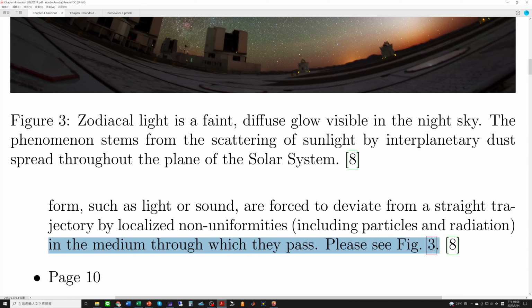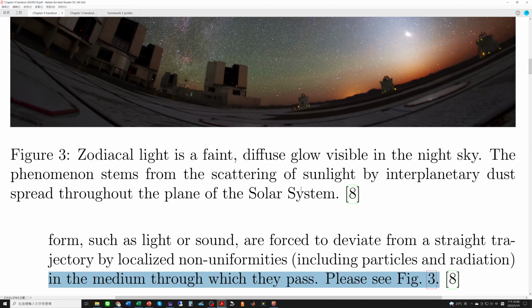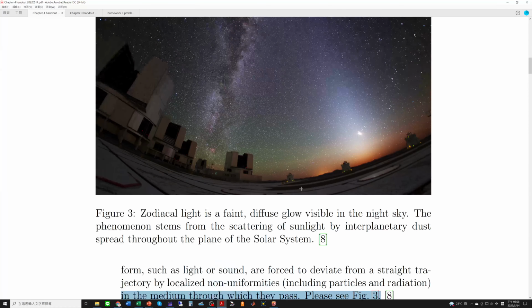Please see figure 3. Let us see figure 3.